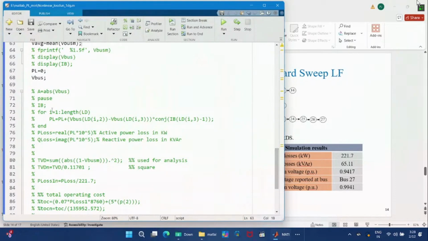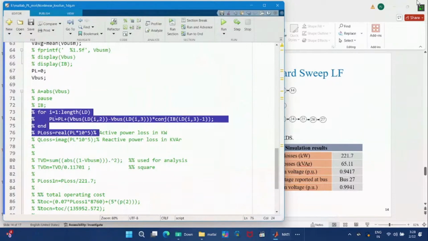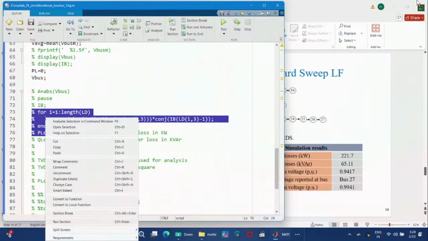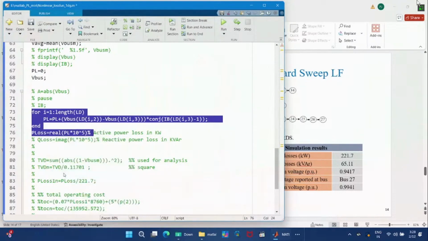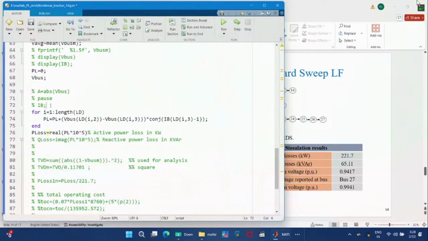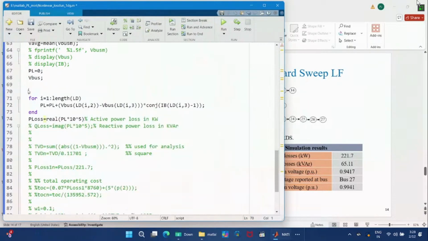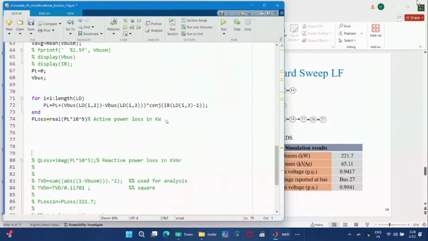If we are supposed to calculate the power loss, definitely we can calculate it using the simple formula for power loss: the voltage at the node times the current across it.